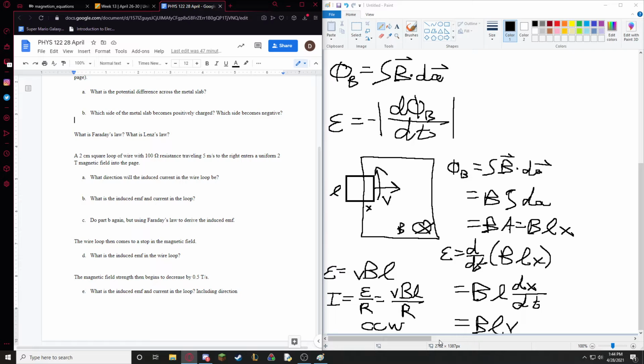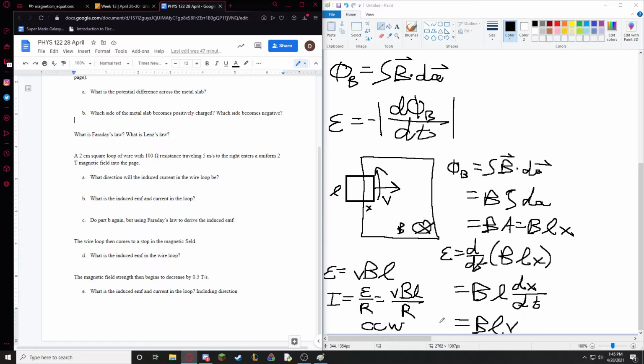Is our flux increasing or decreasing? The flux is increasing, and it's into the page. So the change in flux is into the page. Then, Lenz's law, we have our little negative sign. Our induced EMF is going to oppose the change in flux.